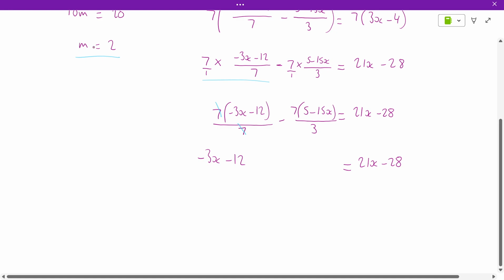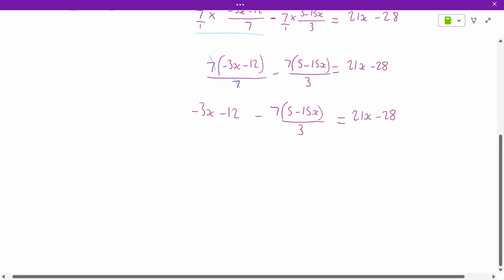And now let's just rewrite this second term just as it is. Again, once you get confident, you can do this in much fewer steps, but for the purpose of the video, I'll just show you step by step. Okay, divided by 3.